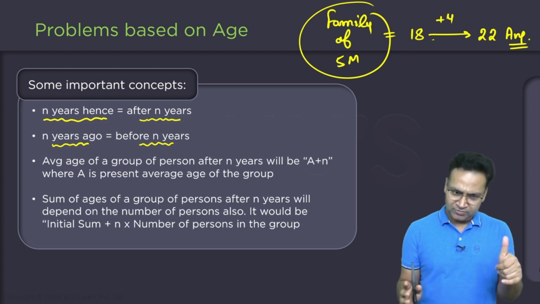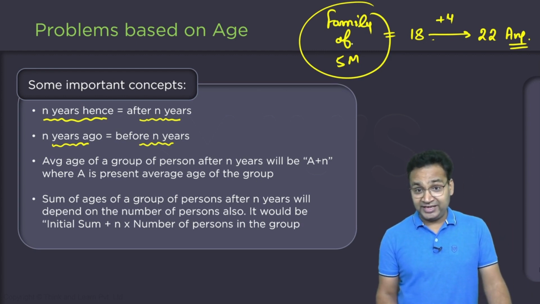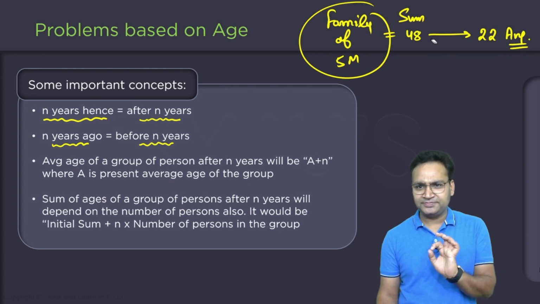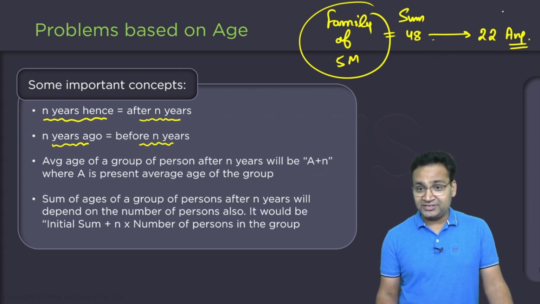Clear? Okay. But if I say the sum of ages is 48. There are 5 members in a family and the summation is 48. Tell me, what is their sum after 2 years?